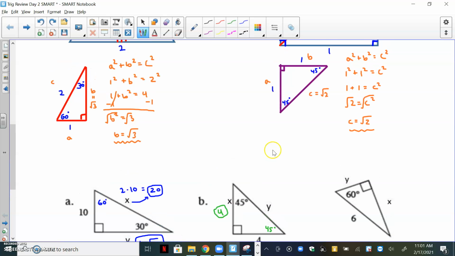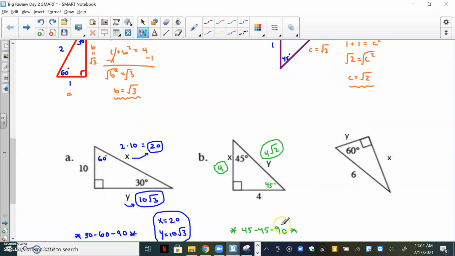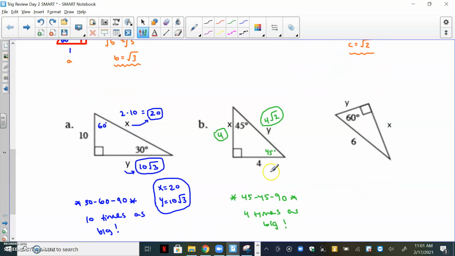And for the last leg, we are originally root 2, so my new one is just going to be 4 times that. All I did was find the scale factor and multiply all the sides by it. All right, and that's it for that triangle. So we found out that x is 4 and y is 4 root 2.